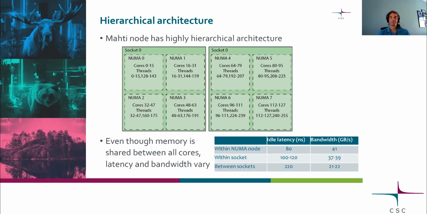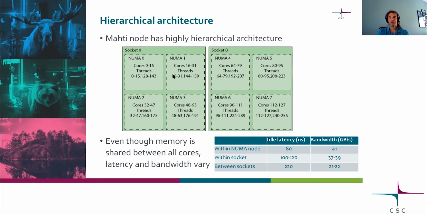So some examples about latencies and bandwidth: if you are accessing memory within this NUMA domain here, which is shared by 16 cores, the latency of accessing memory is about 80 nanoseconds, bandwidth is a bit over 40.